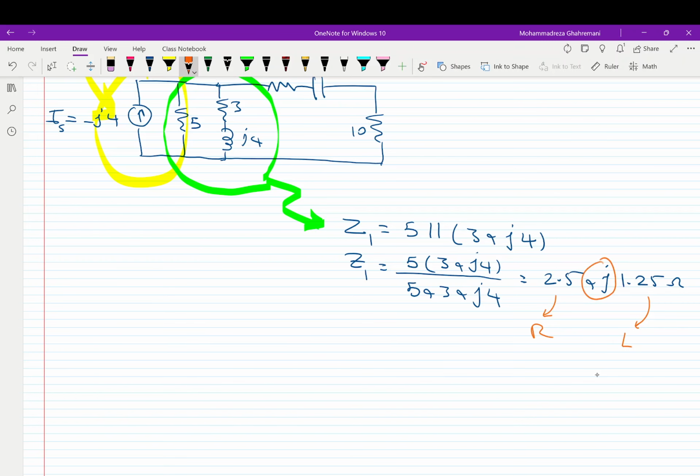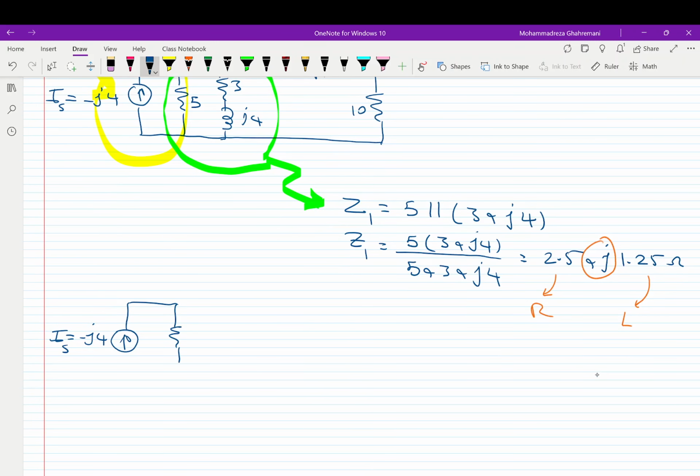Okay, so let's redraw the circuit. We will have this current source in parallel with the new elements, an inductor and resistor.